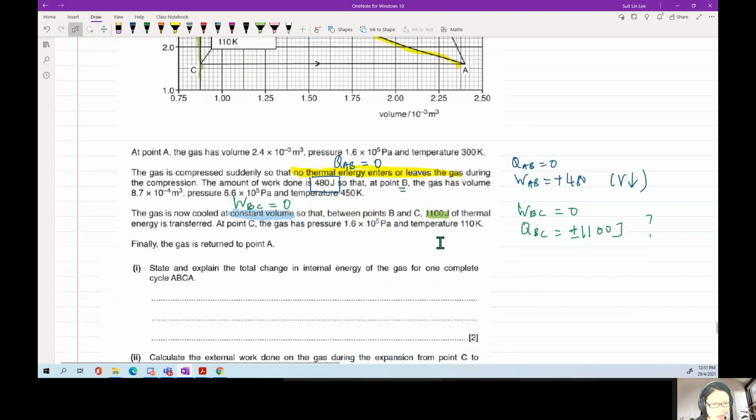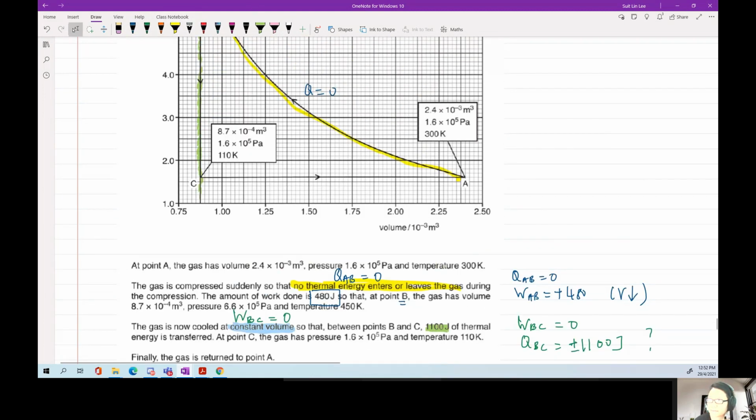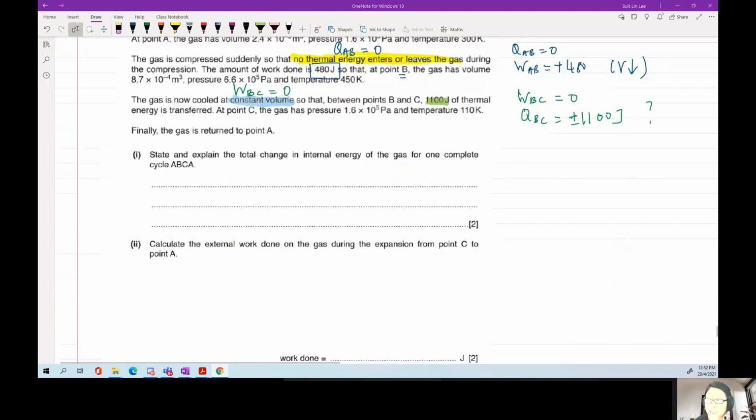State and explain the total change in internal energy for one complete cycle. You return back to your initial temperature, right? So the change in internal energy is 0, because you're back to the initial conditions.